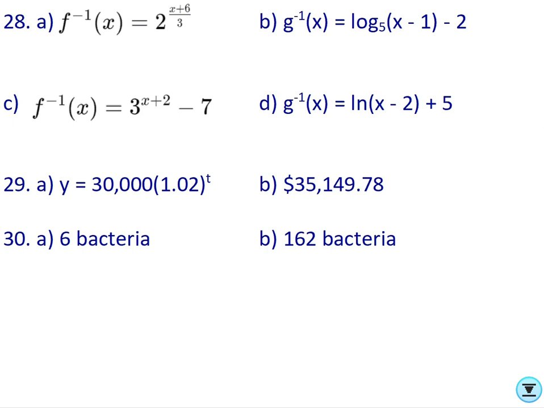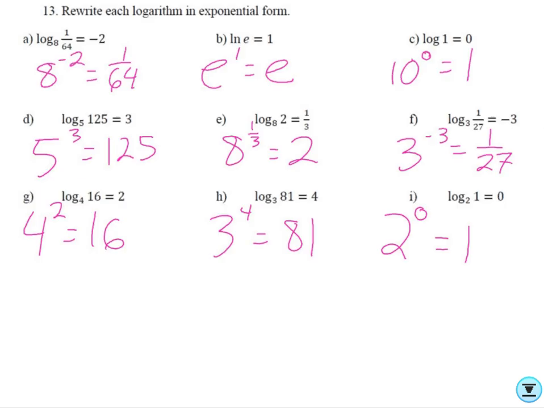Alright, so now I'm going to go ahead and go through all of the problems in detail. Again, feel free to skip around, pause, whatever you need to do. So for number 13, this is rewriting each logarithm in exponential form.